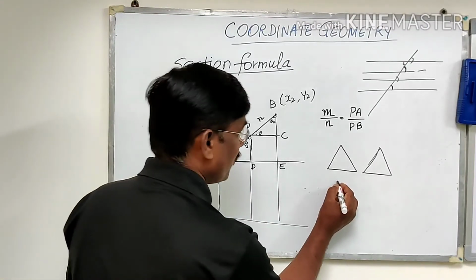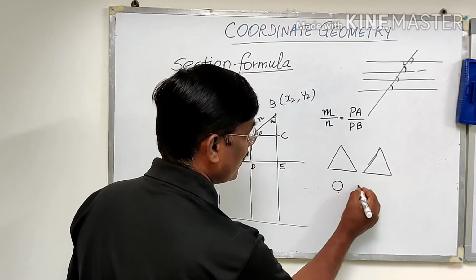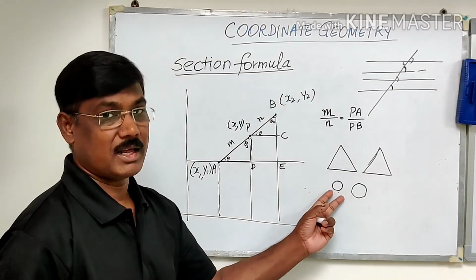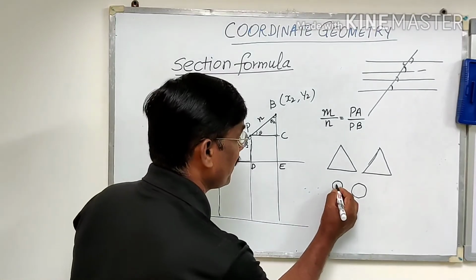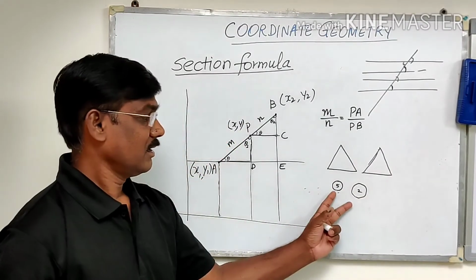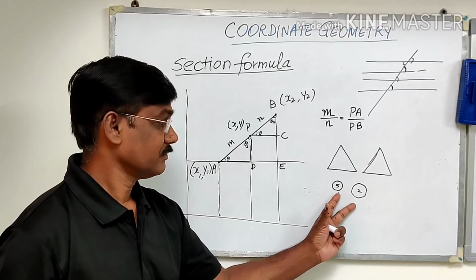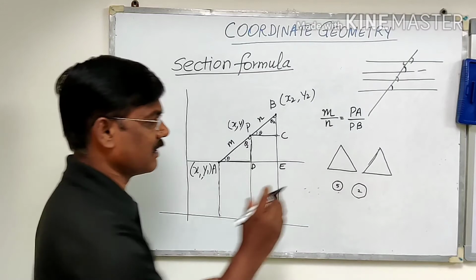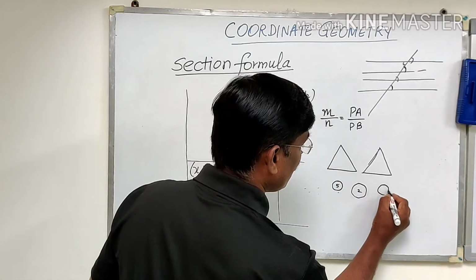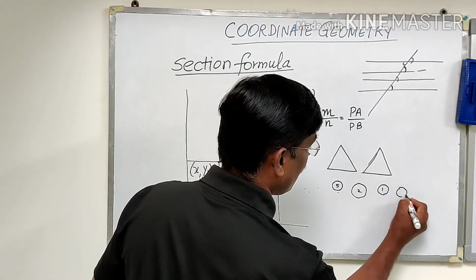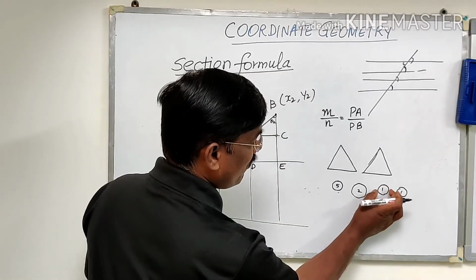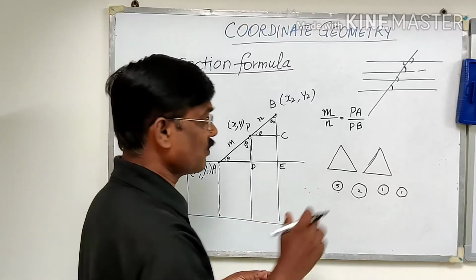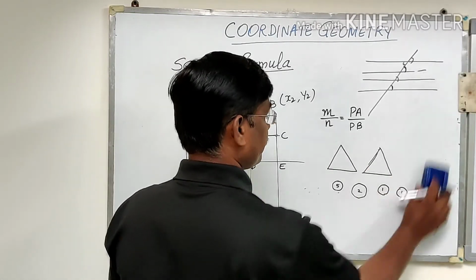Both are round, but one is bigger, the other one is smaller. They may look similar, but they are not congruent. Congruent means exact. If you take two 1 rupee coins and keep one on the other, it exactly matches. This is what congruent means, right?